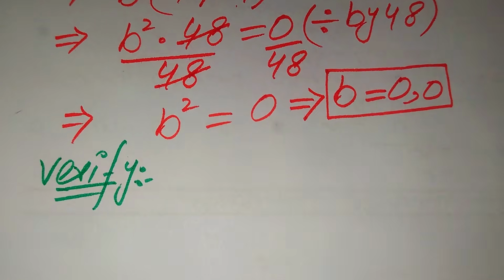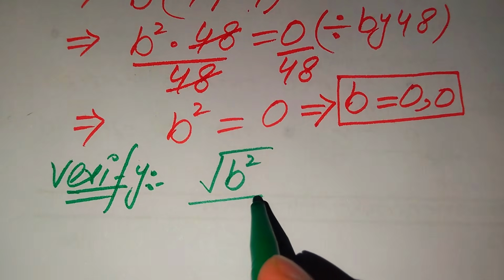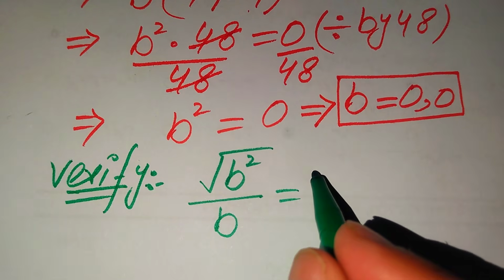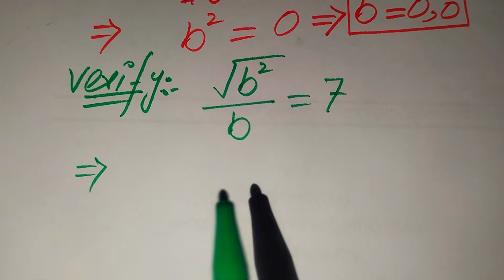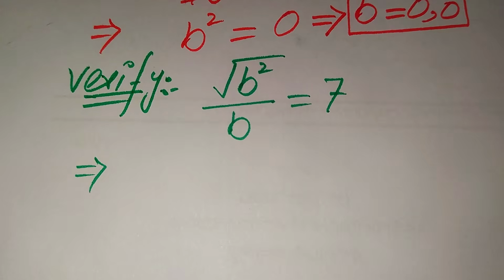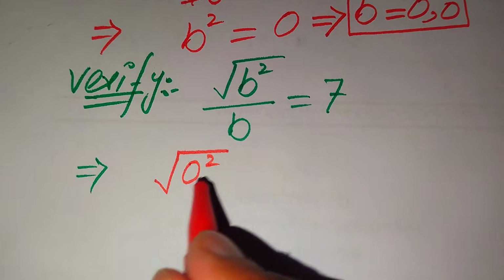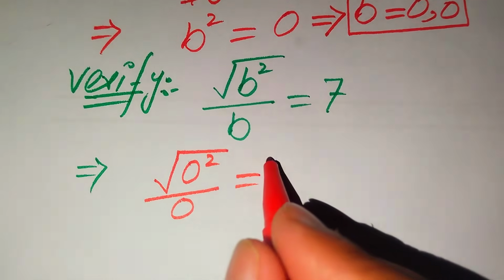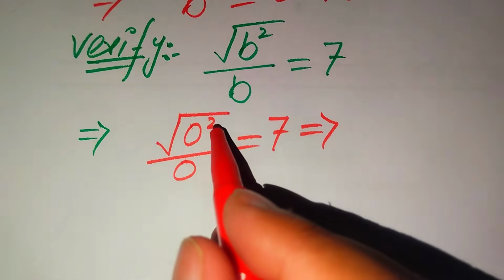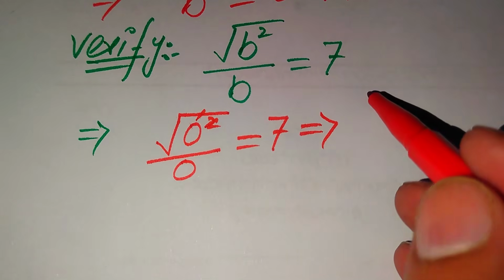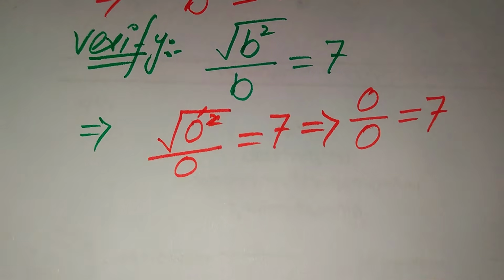For verification of this we need to copy down the given question statement. Here it is square root of b squared divided by b equals 7. Now we verify b equals 0, so we put it into the left hand side and this becomes square root of 0 squared divided by 0 equals 7. This implies that the 2 and the square root cancel out each other and we get 0 over 0 form equals 7.